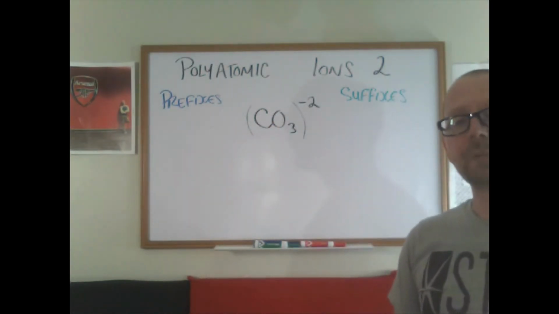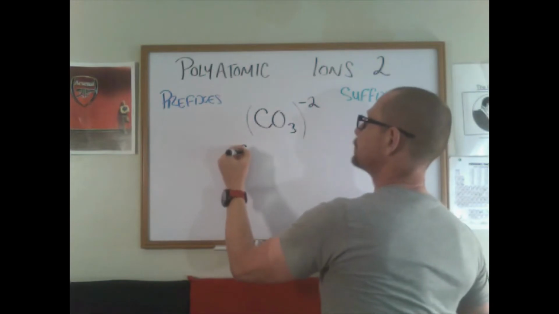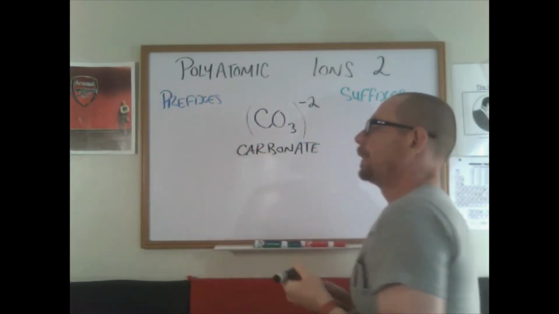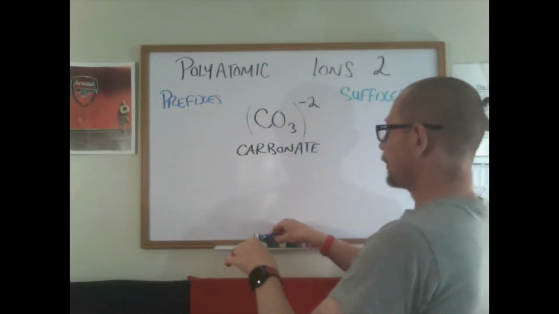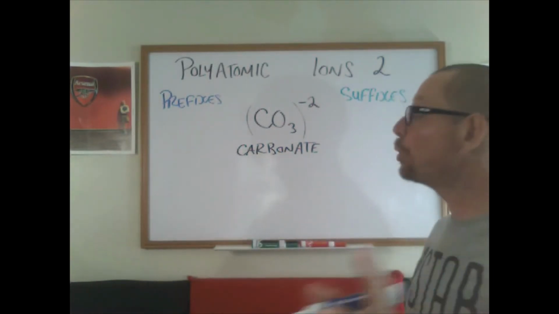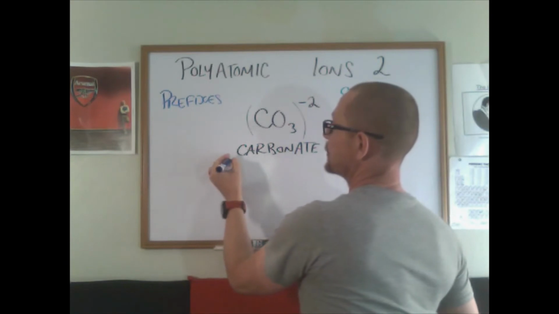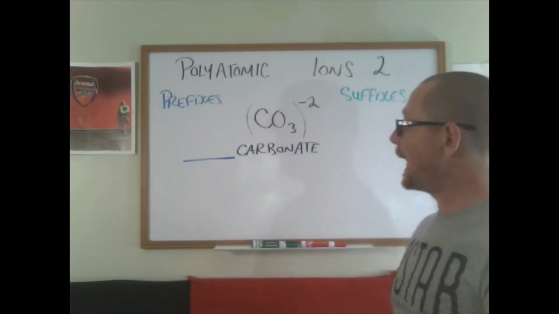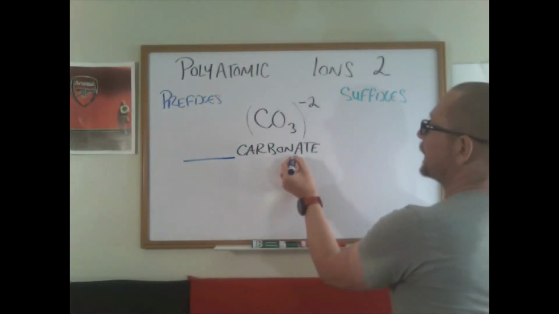Okay. Now how do we get the name carbonate? Well, effectively, there is no prefix here. That's empty, and that has meaning. But there is this suffix, and that's the -ate.